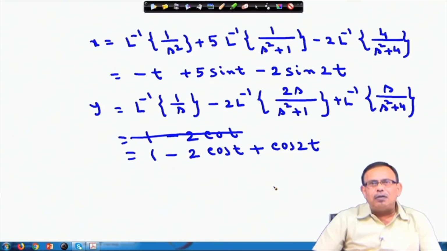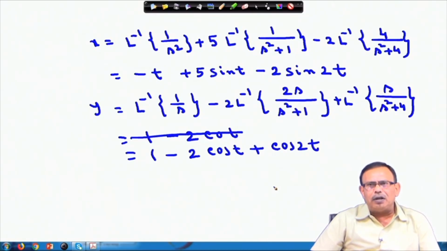I hope that now it is clear to you how to solve simultaneous linear ordinary differential equations using Laplace transform. We have covered almost all the things of ODE: how to solve one ODE using Laplace transform with constant coefficients, with variable coefficients, and how to handle it if the initial condition at t equals 0 is not provided.